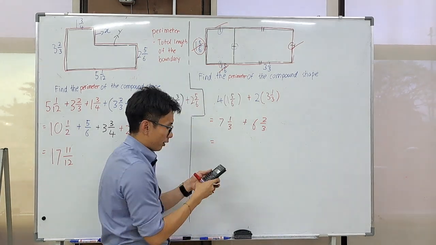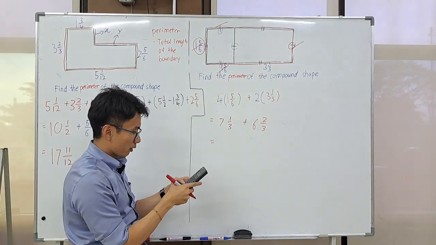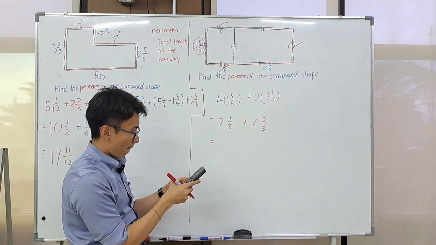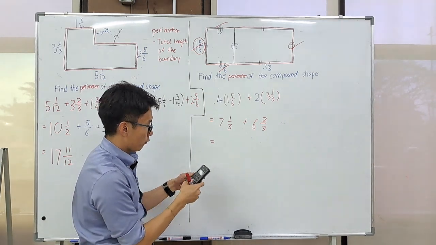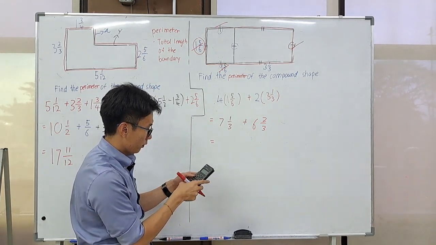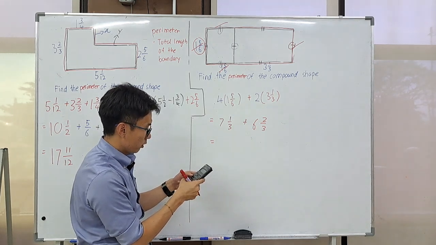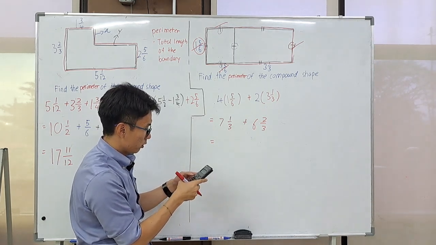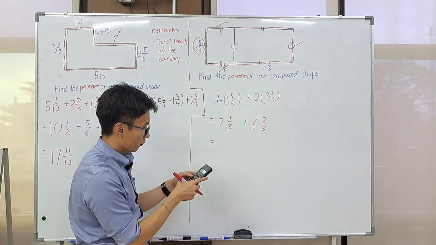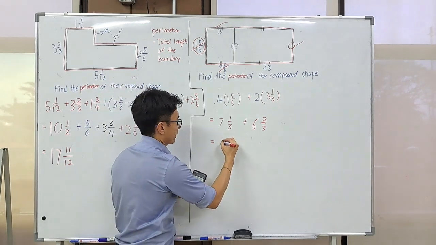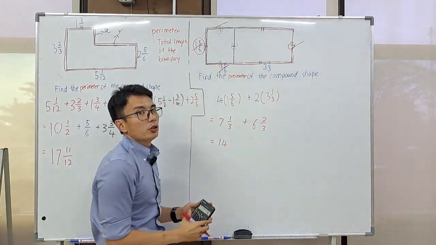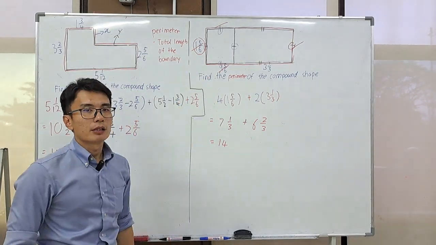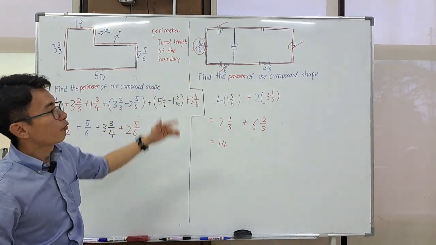And then I can just add up this. And it should give, oops, sorry, 7, 1. Right, and it should give me exactly 14 over here. All right, now that's how we calculate the perimeter of the diagram.